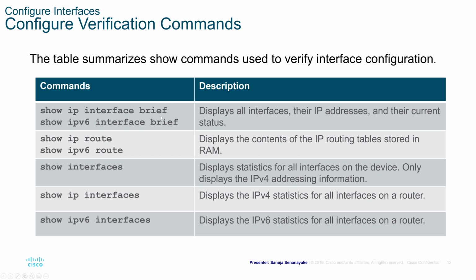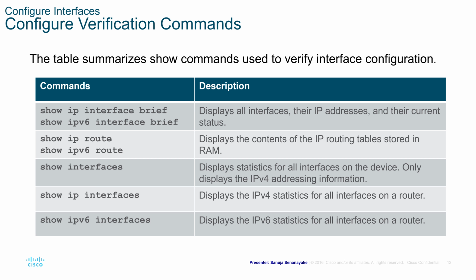So the show IP interface brief and show IPv6 interface brief display all interfaces, their IP addresses and their current status. Show IP route and show IPv6 route display the contents of the IP routing tables stored in the RAM. Show interfaces displays the statistics of all interfaces on the device.